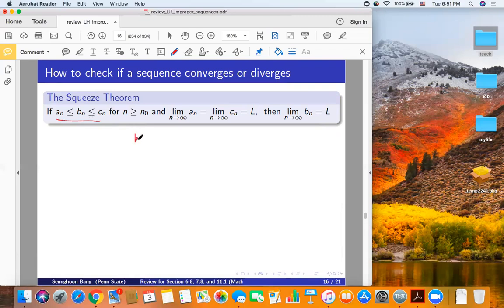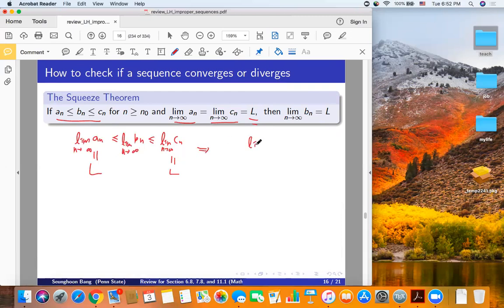So because I want to use this inequality first, you can take the limit on each side. The inequality doesn't change. What's the limit of a_n? The limit of a_n is L. Here, what's the limit of c_n? The limit of c_n is L. So what's the conclusion?